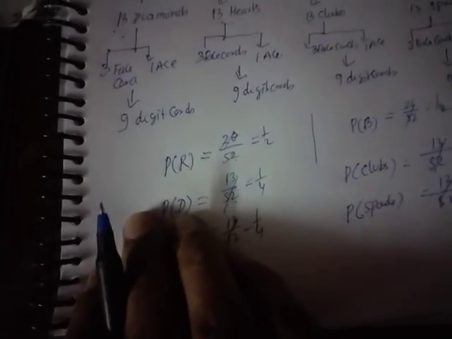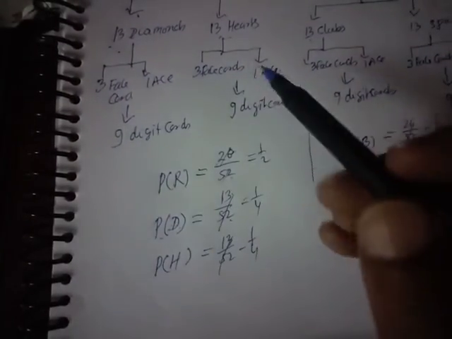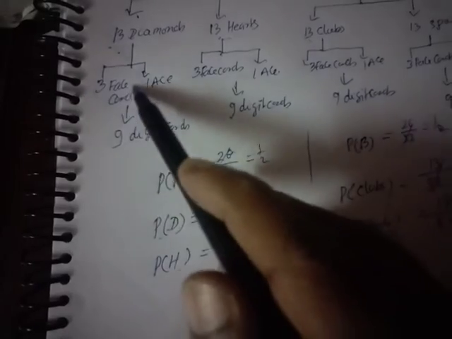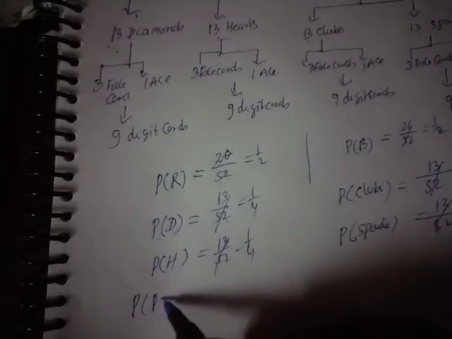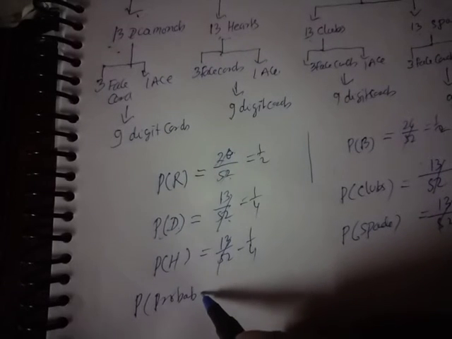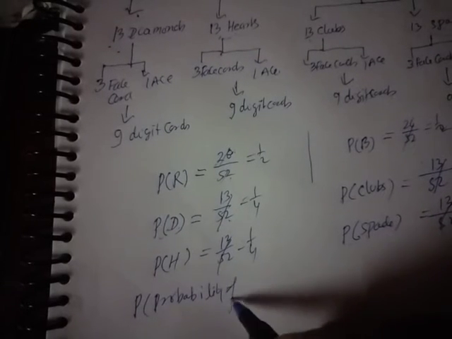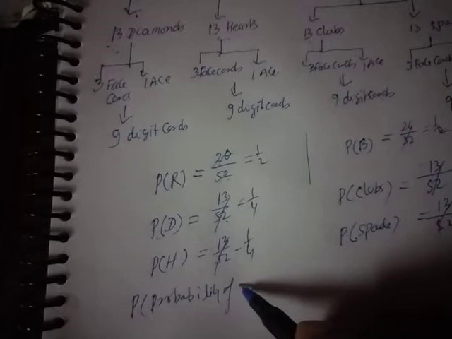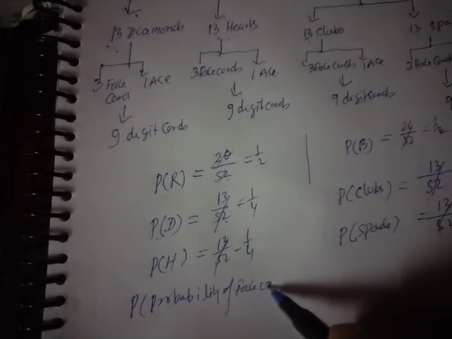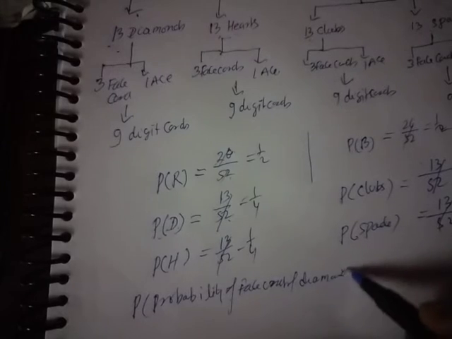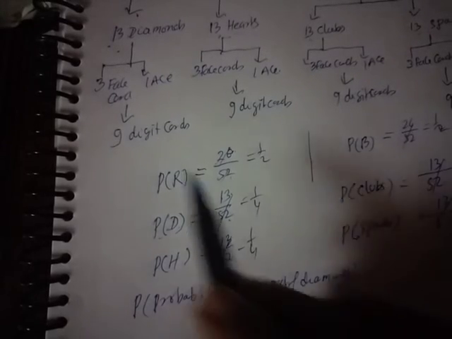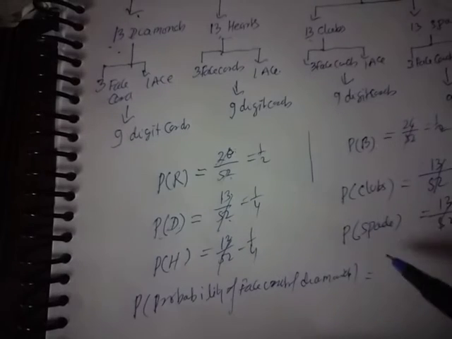Student, suppose that you have to find out the probability of the face cards of diamond. Okay. So how many face cards of diamond? Face cards of diamond are 3.